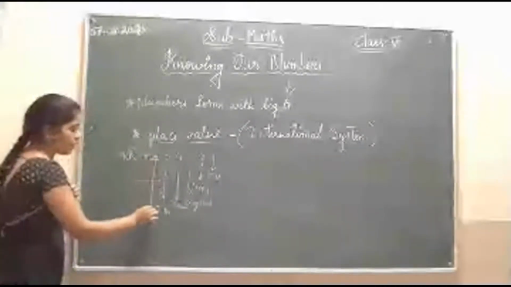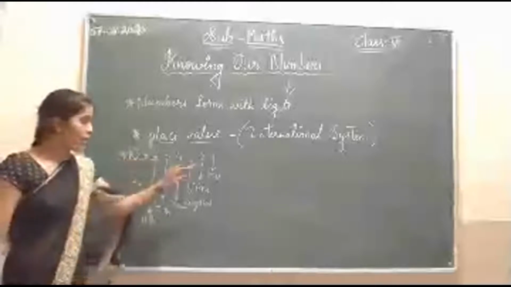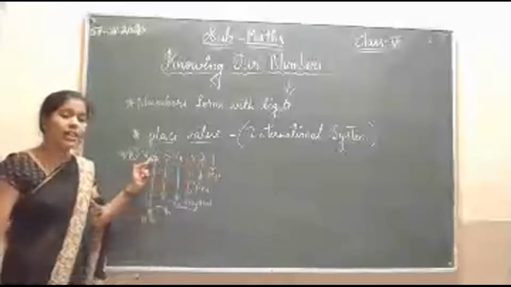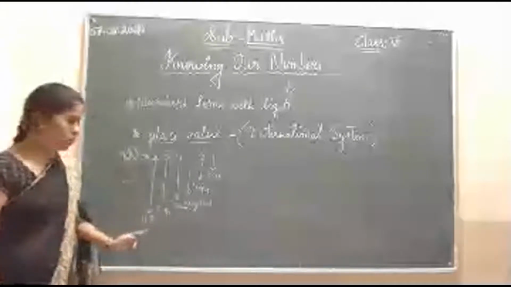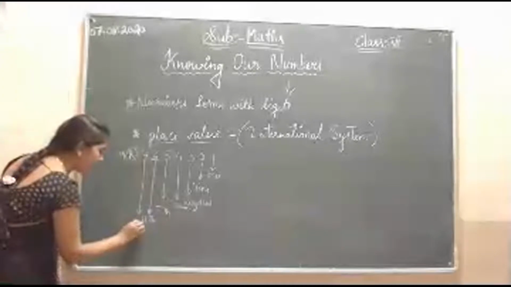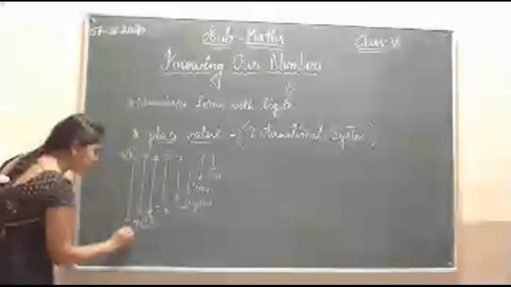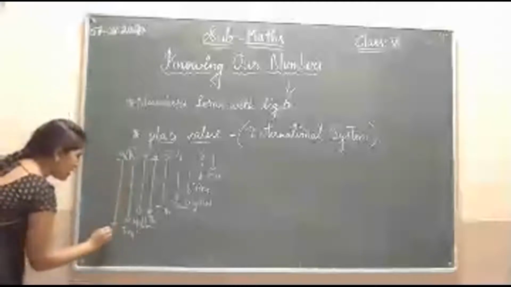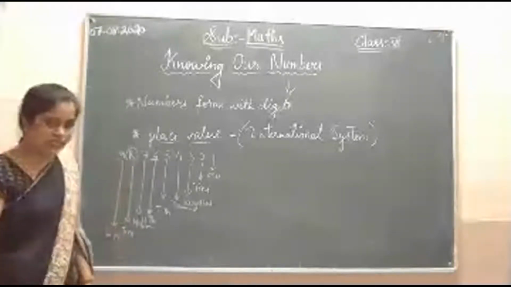In the Indian system this place is lakhs. Here in the international system, 100,000. Next, million, 10 million, and 100 million. This is the international system.